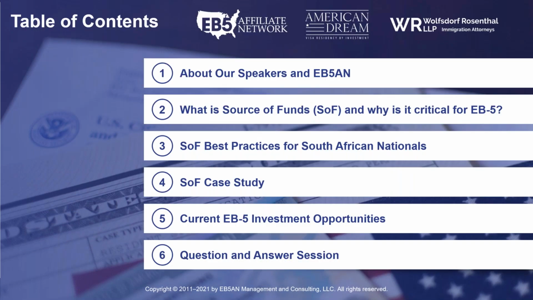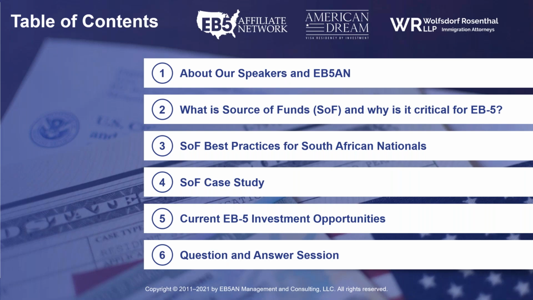So a quick overview of what we're going to cover today. We'll chat a little bit about our guest speakers and a little bit more about EB-5 Affiliate Network, or EB-5AN for short. We'll talk about source of funds generally. We'll talk about source of funds specifically for South African nationals and what some of the best practices and USCIS potential questions have been over the last 5 years.